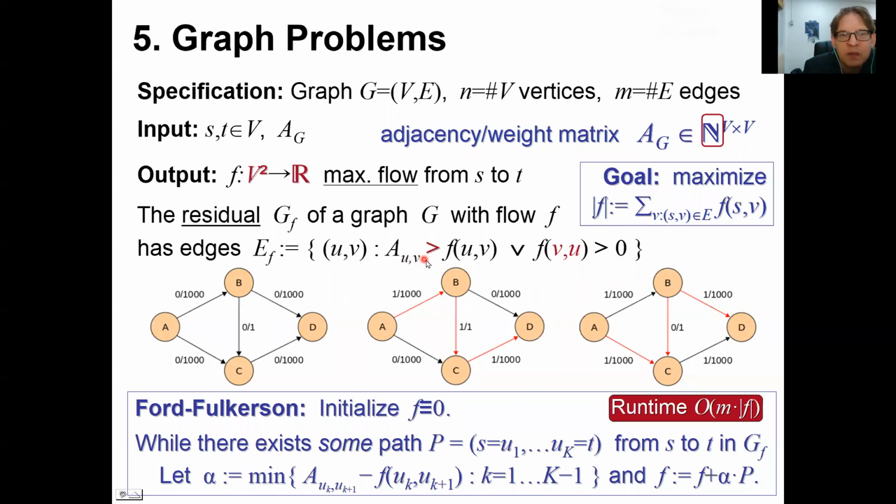The residual graph contains all edges which have not exhausted their capacity, where the current flow is strictly smaller than the feasible flow, or the edges in the reverse direction. So this is an edge from U to V, but this is an edge from V to U, in the opposite direction. And the condition is that the edge in the opposite direction has a positive flow.